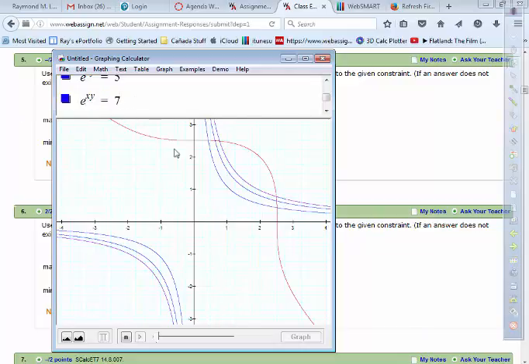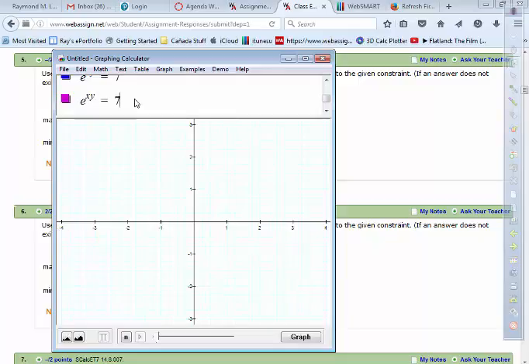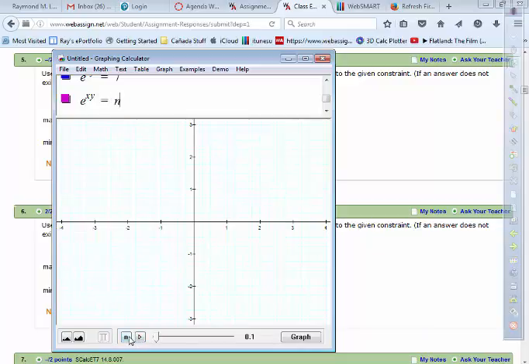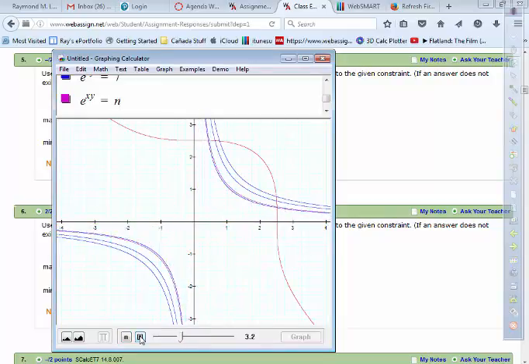And so what if I want to figure out what the z value is? What do I need to put for this value for the level curve so that it's actually kissing it?